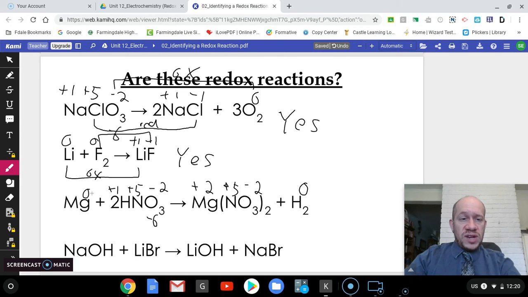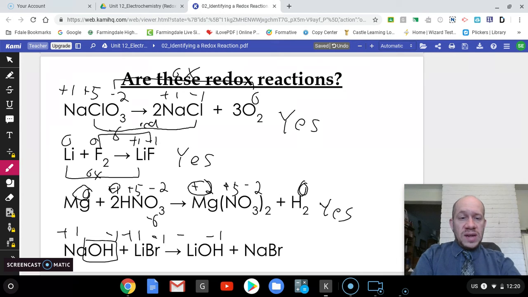Therefore, I have two changes. Magnesium is going from a 0 to a +2, and my hydrogen is going from a +1 to a 0. So yes.